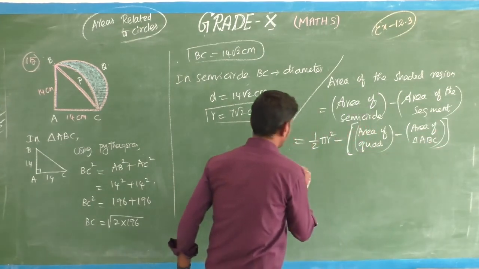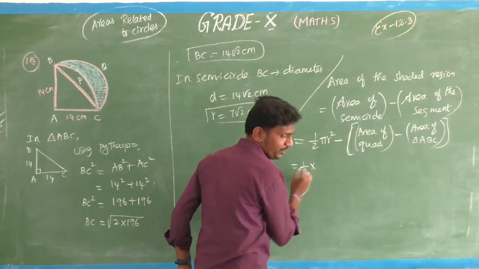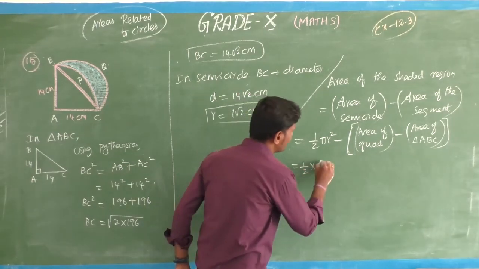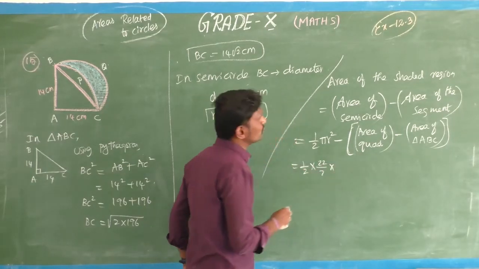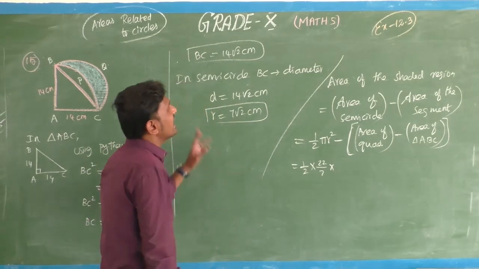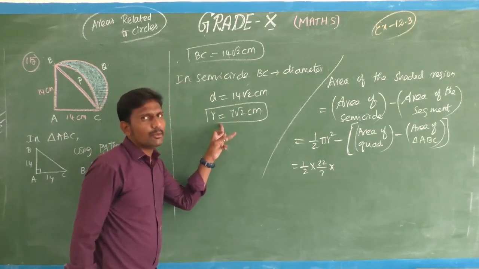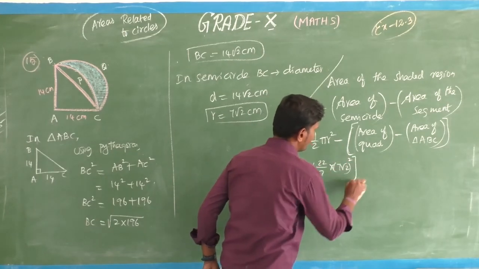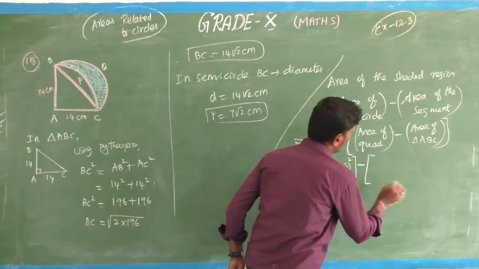Now I am going to find 1/2 into the value of pi. Is anything given to you? No. So take 22/7 itself. 22/7 into the semicircle radius, that is 7 √2 the whole square.